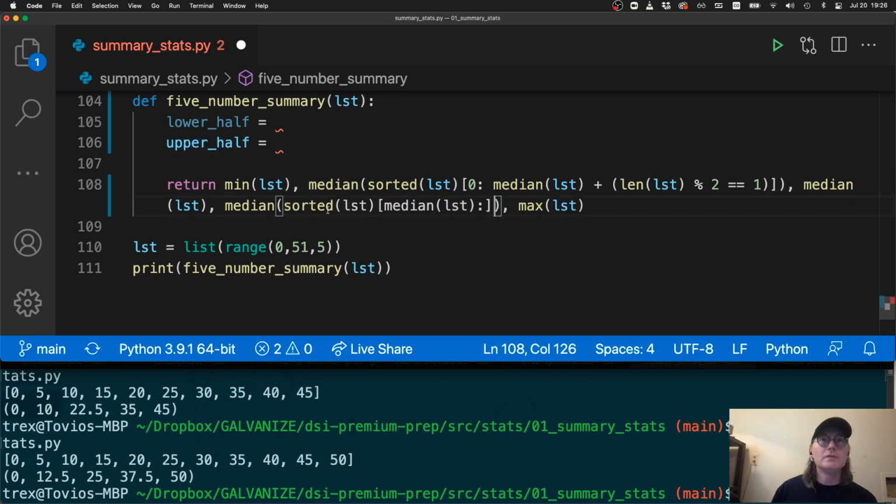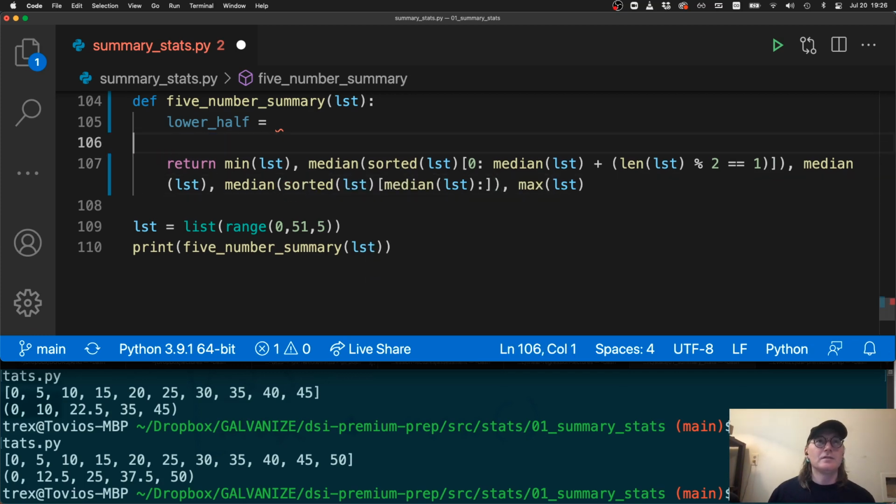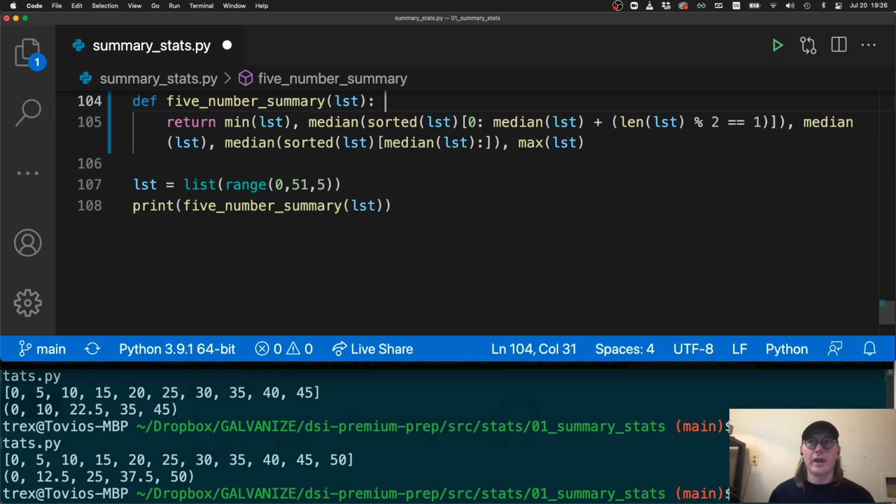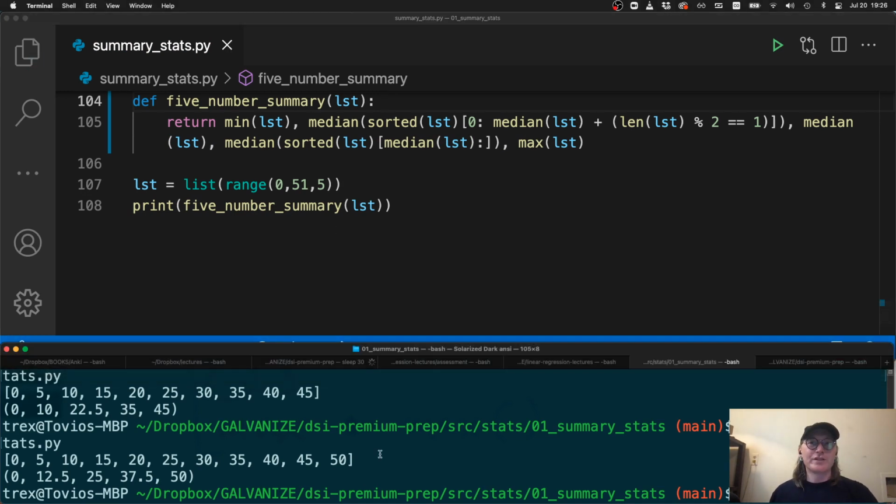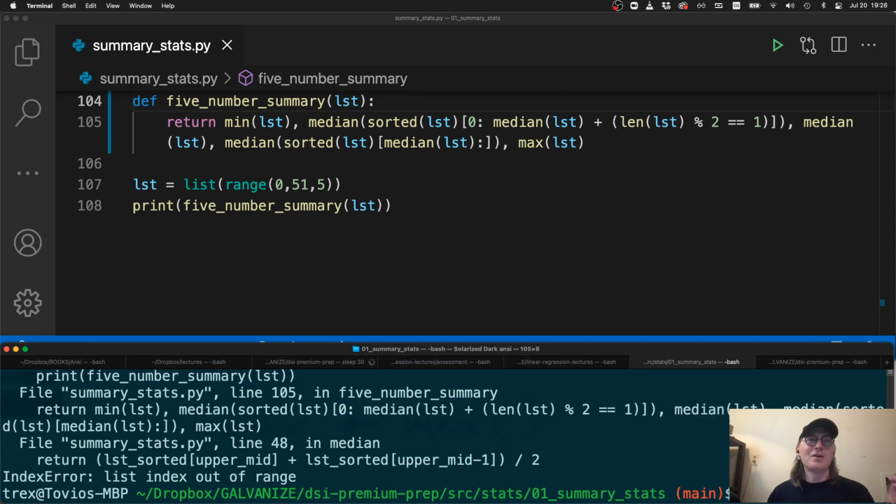And do that. Okay, I think that should still work. Let's find out. Oh no! Okay, well, that's really going to be hard to track down. So what's happening here? List index out of range. List sorted upper mid. List sorted.